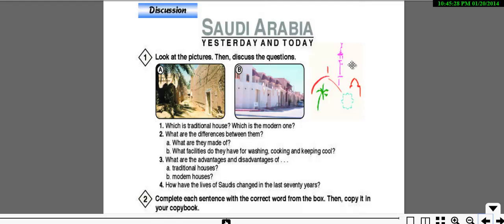What are the advantages and disadvantages of traditional houses and modern houses? Well, basically, modern houses are absolutely much more different because they have already installed systems and take care of the material used in the building. But in terms of traditional houses, whether people like it or not, it's traditional by the end of the day, as the name says.